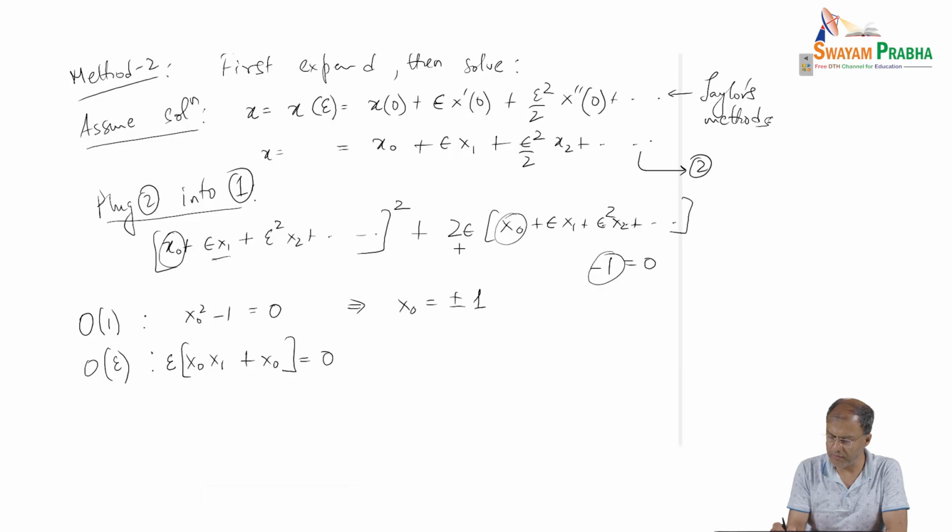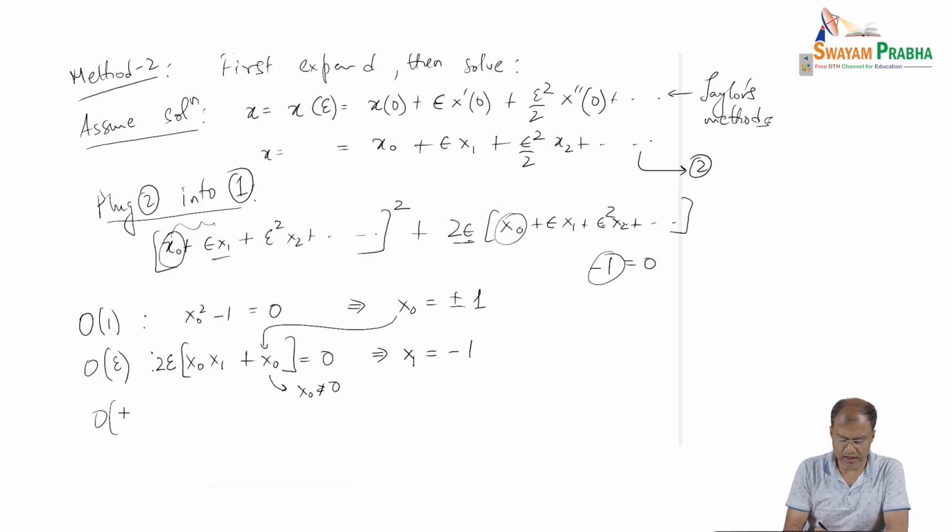Here is one term multiplied with epsilon, and the other comes from the square, x naught x1 twice multiplied, so the 2 has been factored out. Now if we plug x naught into this second equation, we know that x naught is not 0, it is plus 1 or minus 1. So from here we can quickly deduce that x1 is minus 1, right?